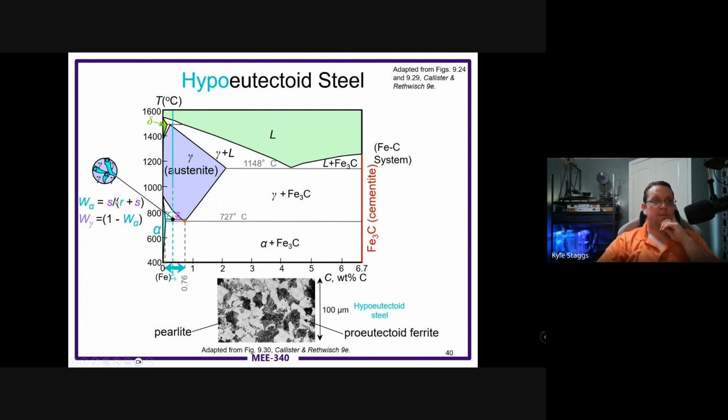You should recognize these formulas, or at least recognize that they're there. Because the two weight fractions have to add up to 1, you only have to solve for the alpha weight fraction to get the weight fraction of gamma that's left. This is dependent on the composition and where it is on that tie line for using the lever rule, right? That still applies for all of these materials, and that's where these formulas are going to be helpful, especially in the problems that you guys are going to be doing.